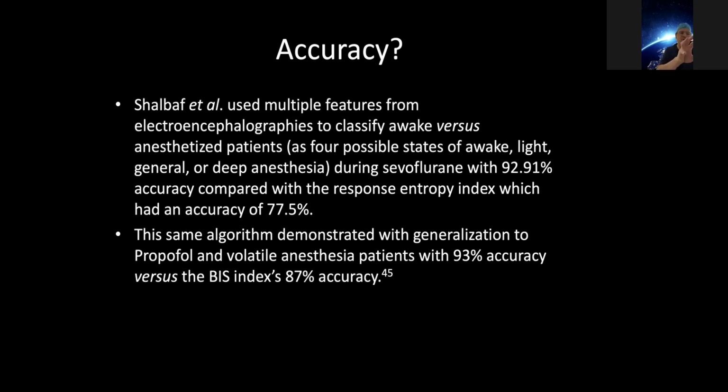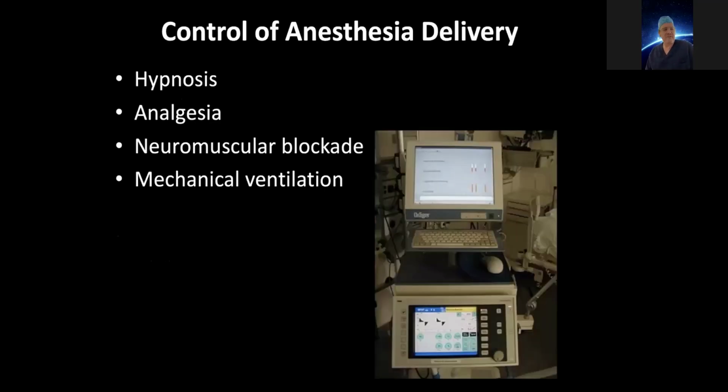So by using not only the BIS index, but certain aspects and certain parts of the EEG raw data, together with clinical data, putting into that artificial intelligence, we are able to improve the detection and the determination of different states of anesthesia. And artificial intelligence, in the next slide, has actually been used for many different aspects of anesthesia.